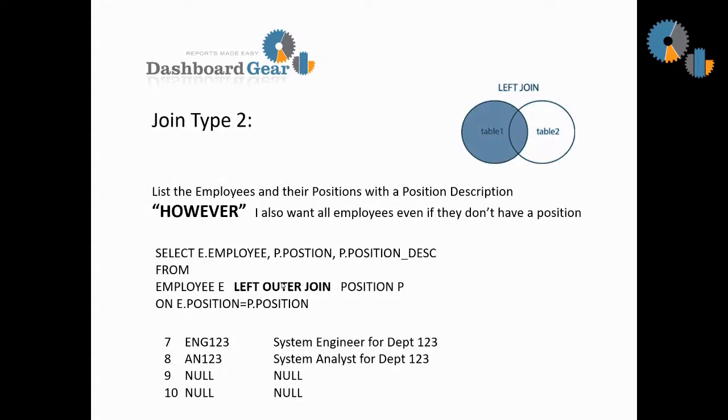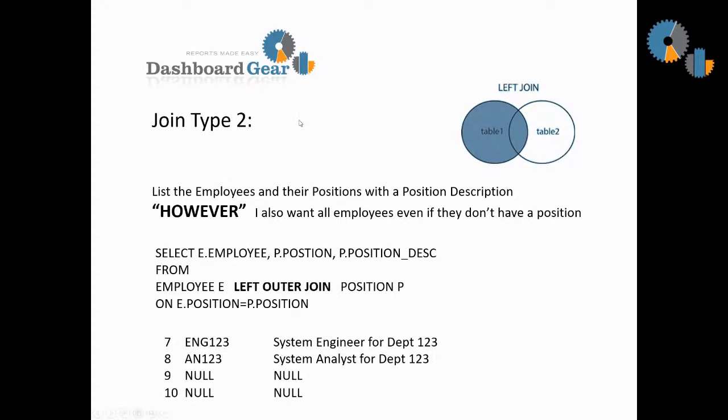And what a left outer join is, is where I want all the employees and their positions. However, I also want all the employees even if they don't have a position. So what you do on a left outer join, it's saying, I want everything from the table on the left of this join syntax, even if there isn't a matching record on the right. So everything on the left, even if there's not on the right.